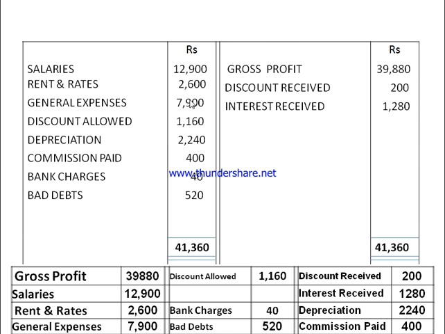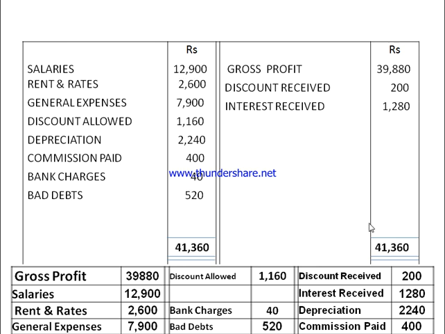But remember one thing, the total of all these expense items is a little bit less than 41,360, which is the total of the revenues. In other words, the total of the revenue side is greater than the total of the expense side.